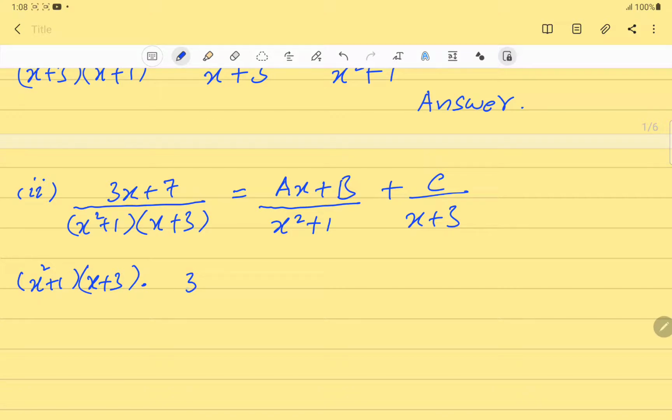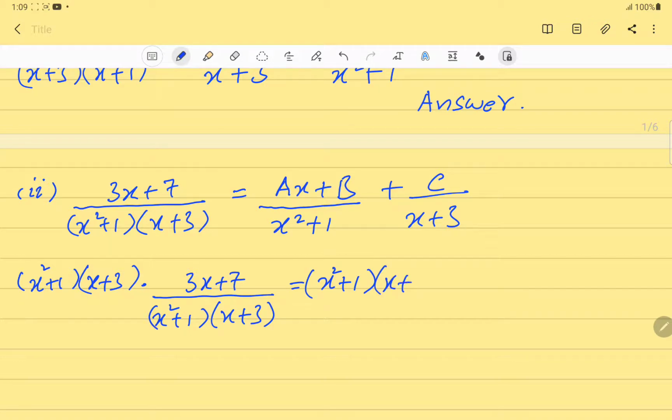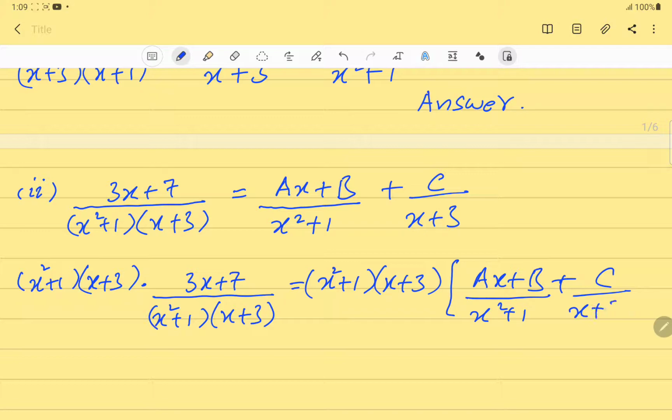So 3x plus 7 over x squared plus 1 into x plus 3 is equal to x squared plus 1 into x plus 3 into ax plus b over x squared plus 1 plus c over x plus 3. These two will cancel, so we are left with 3x plus 7.